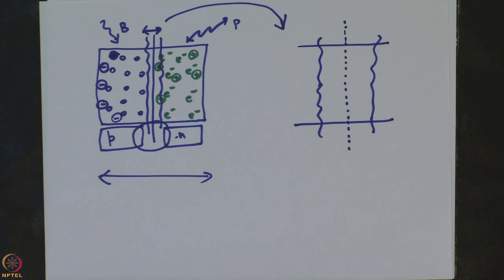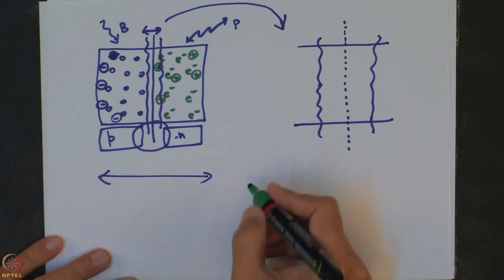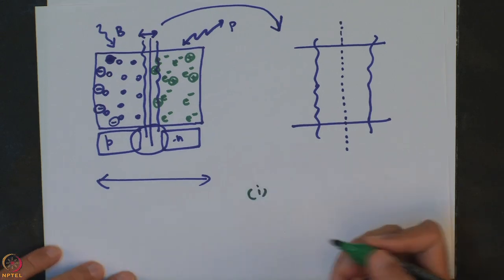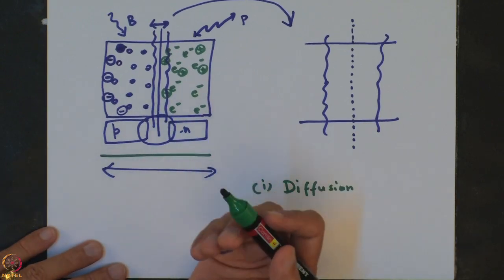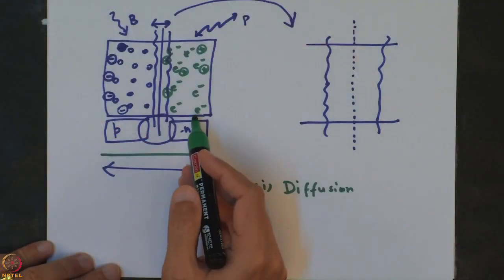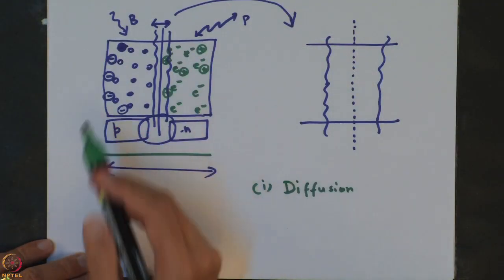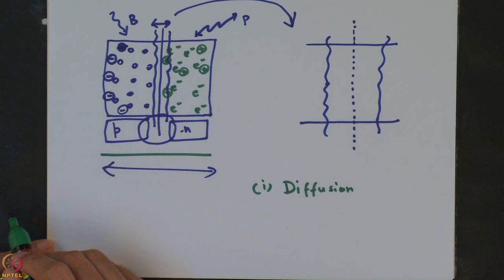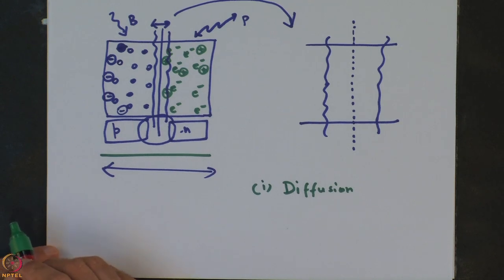What is going to happen is that there are two types of charge carrier movements which will take place when this situation happens. Okay? Now, one of them is what is called diffusion. We can see that on the left side there are many holes, their concentration is much higher than their concentration on the right side. Likewise, the concentration of electrons is much higher on the right side compared to the left side. Okay? So, there is a concentration gradient of holes.